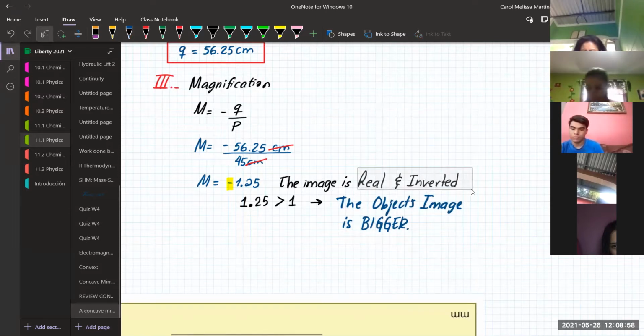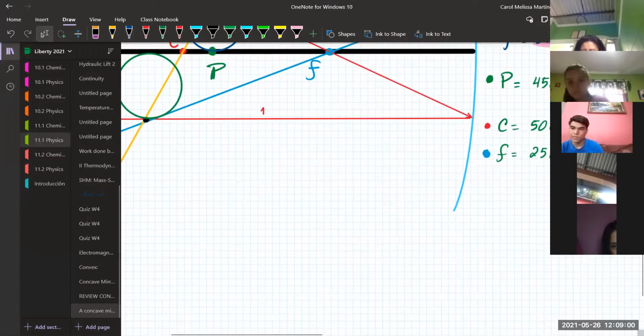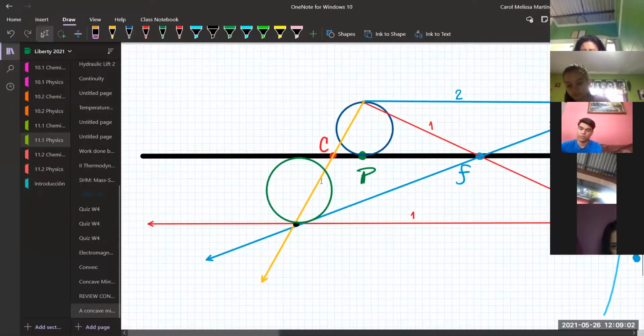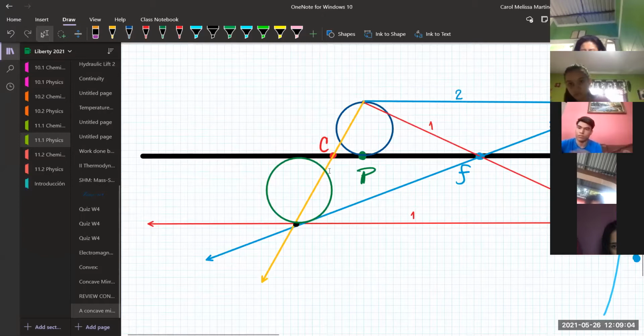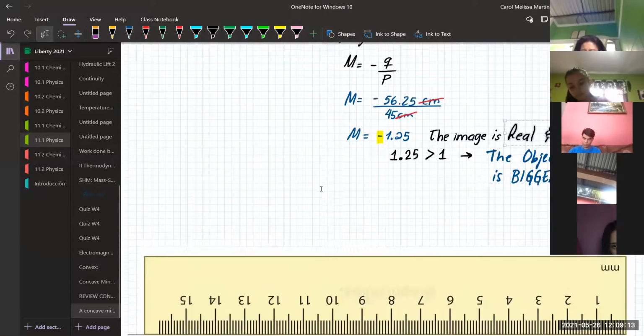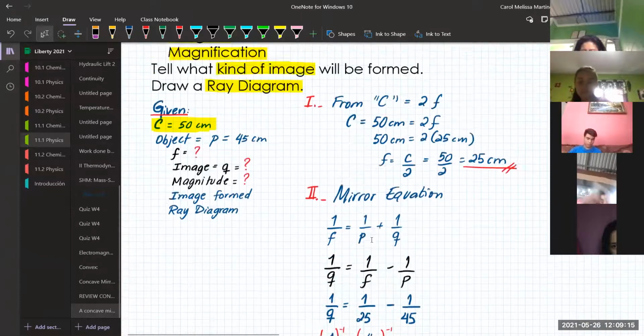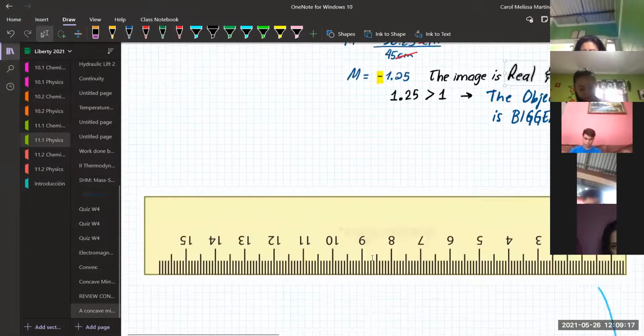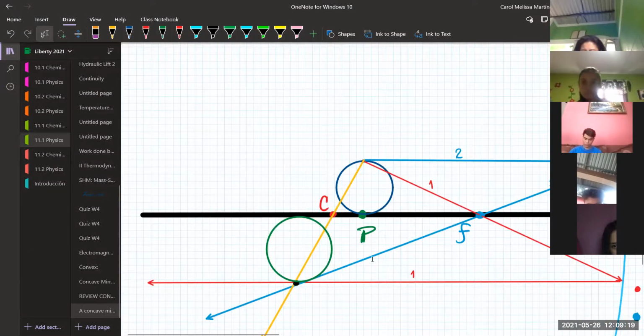It says real and inverted. Here, the image, as you can see, is inverted because it's upside down. So the sketch that we got fits everything that we got according to the formulas, according to all the procedure. Okay, so it means that we did fine.